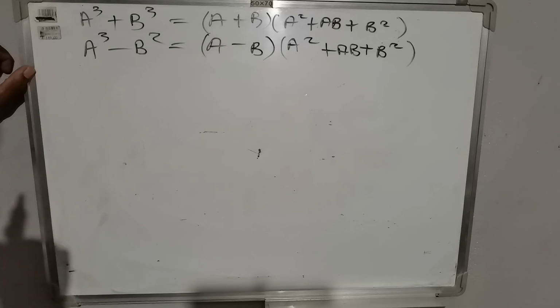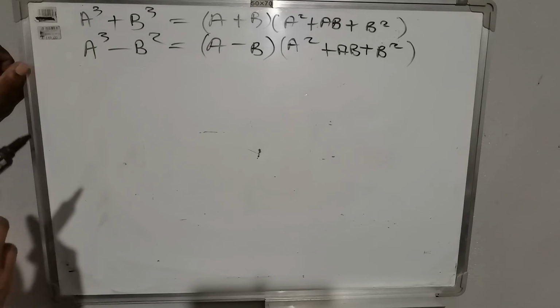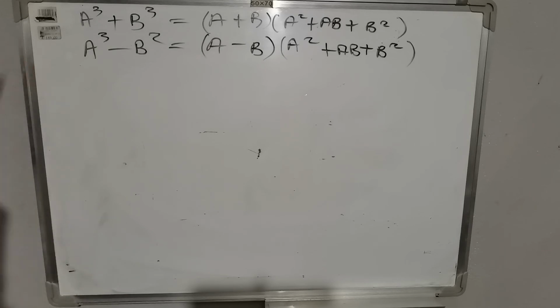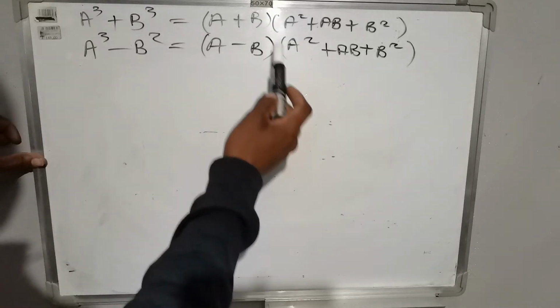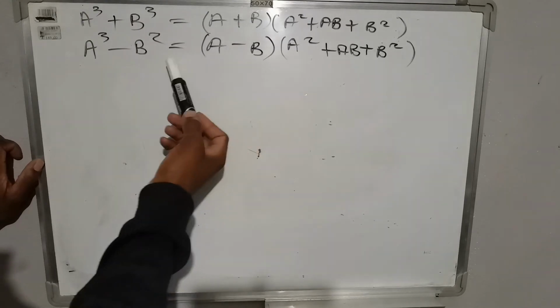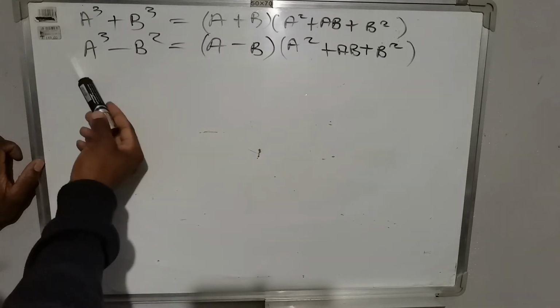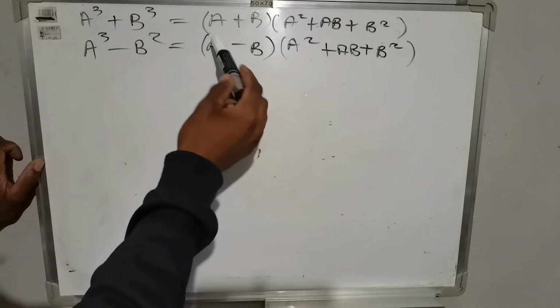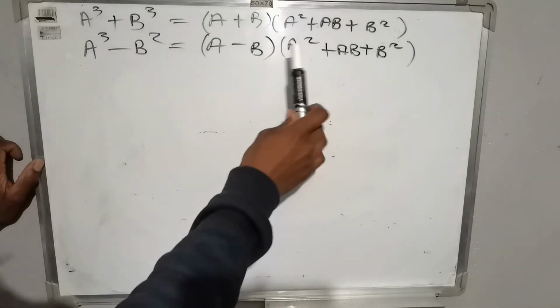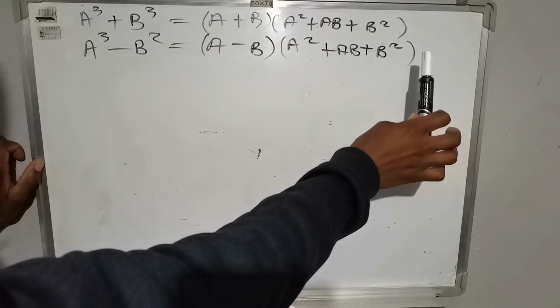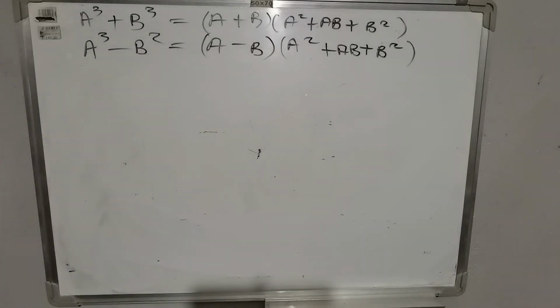The only thing that is different in this formula, if you see, is this. When it's the difference, you just have a minus b. Everything else is the same. So just keep this in mind and never forget this.